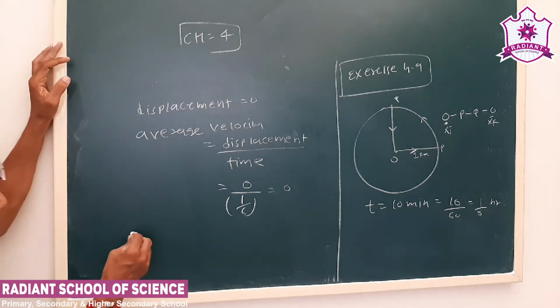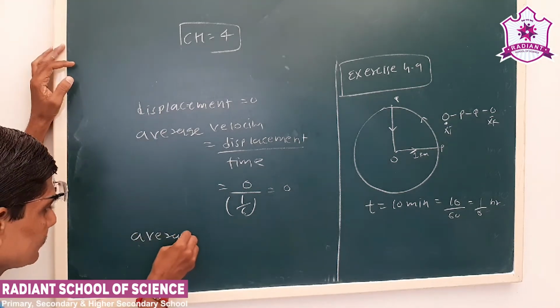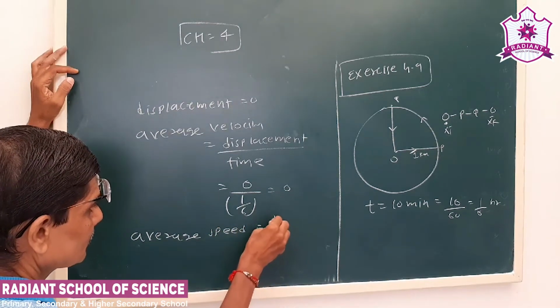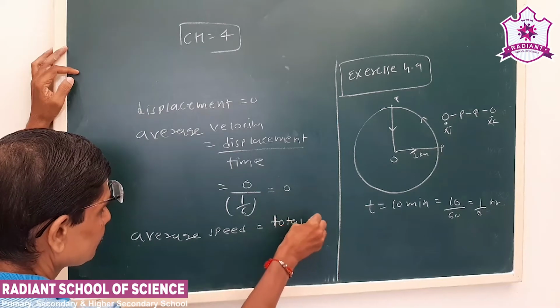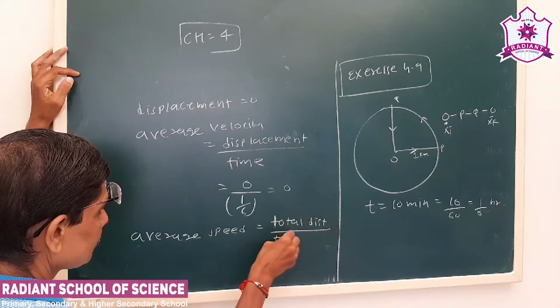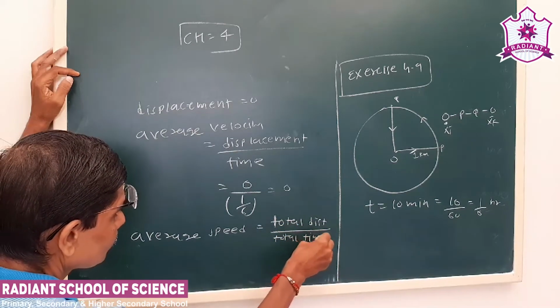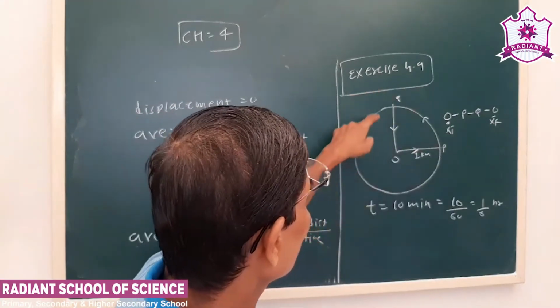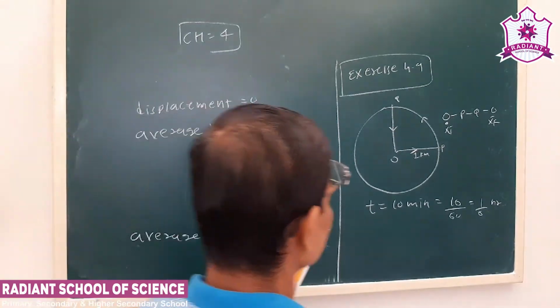Now average speed we have to find out. It is path length or distance upon time. There is total distance. Now see, the total journey is divided into 3 parts: OP, PQ and QO. Okay. So distance we can calculate.